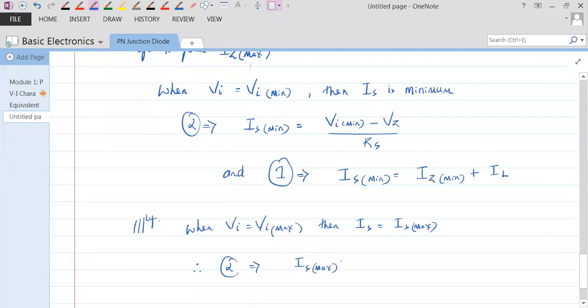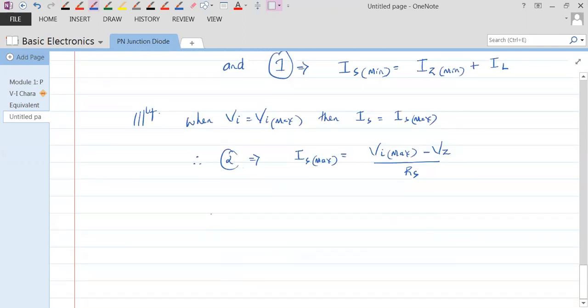Is max is equal to Vi max minus Vz by Rs. Okay, and equation 1 implies Is max would be equal to Iz max plus IL.